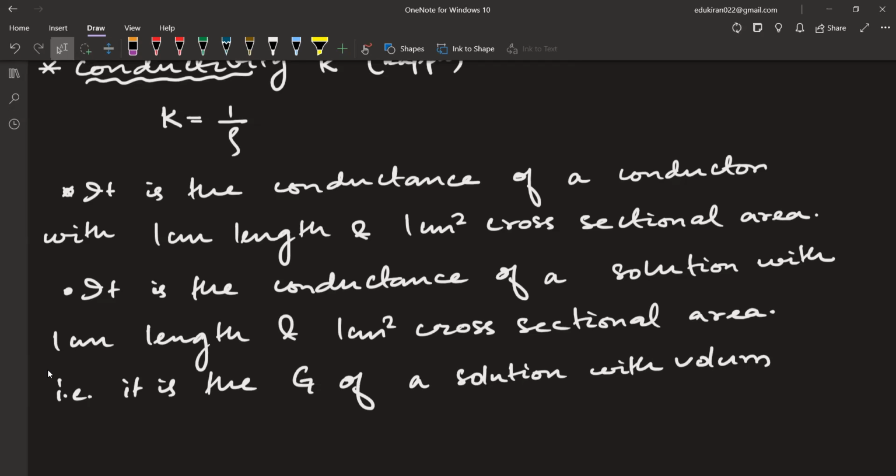If you multiply both of these, you will get the volume, which will be equal to 1 centimeter cube. With volume 1 centimeter cube. Please write this down. Done?